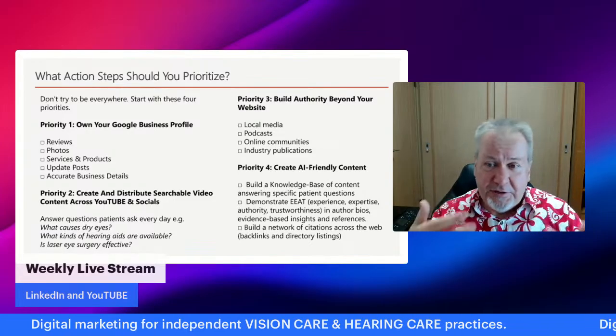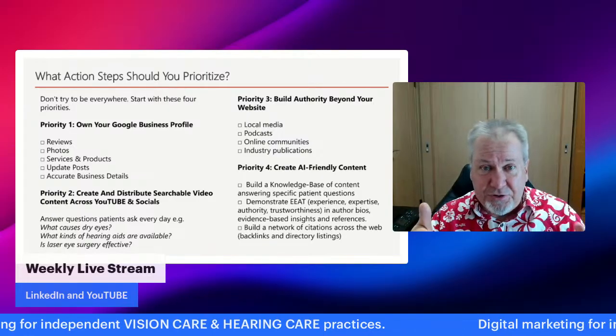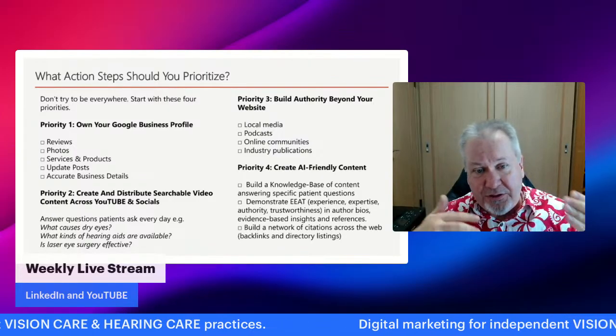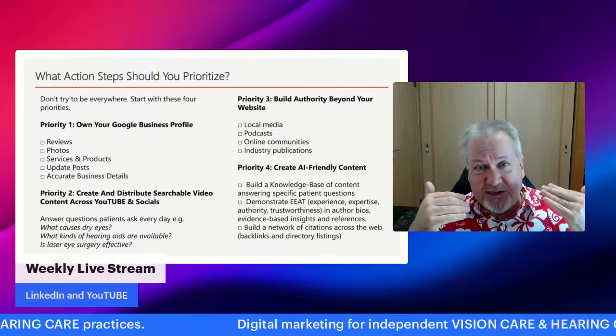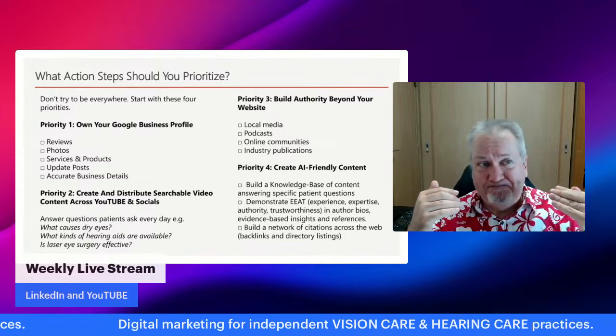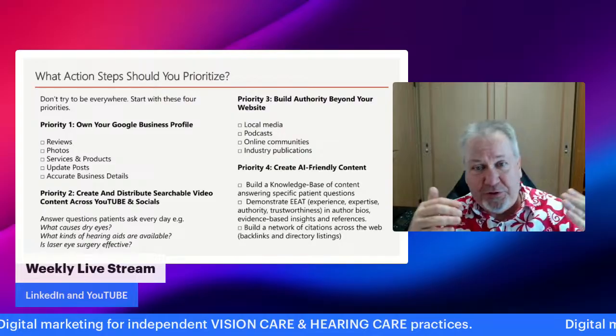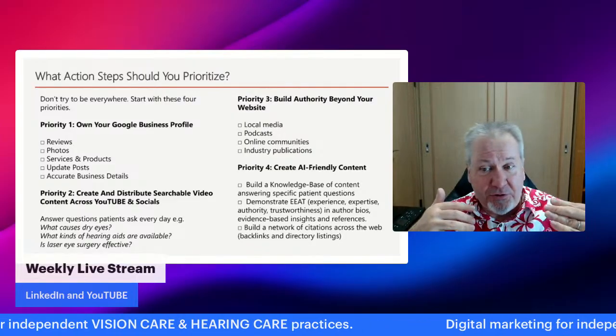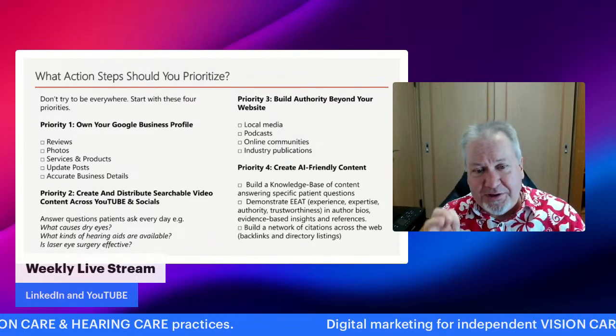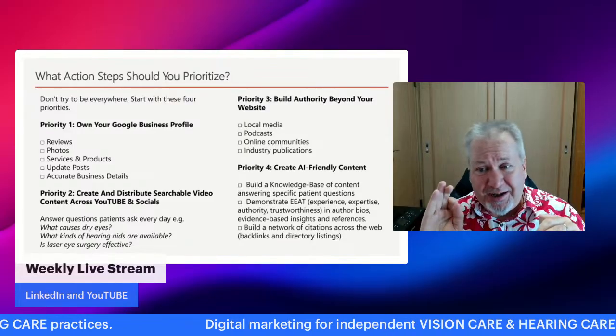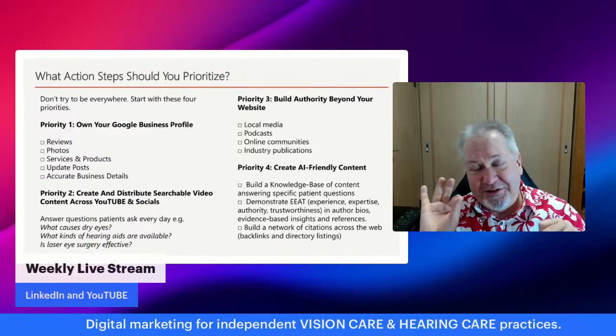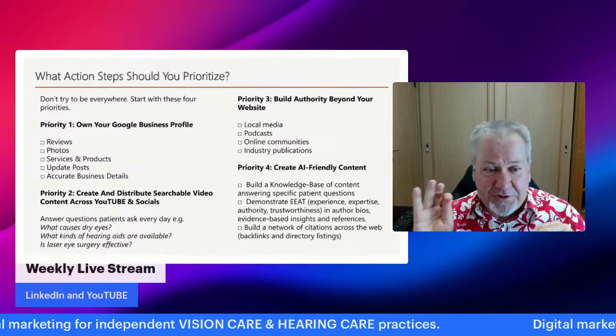Update posts. This is another thing that's really easy to do. Every week, post a simple, succinct explanation of maybe some service that you're offering. I've mentioned in the past that Google update posts are not social media, right? Don't treat them as social media. Treat them as free advertising.